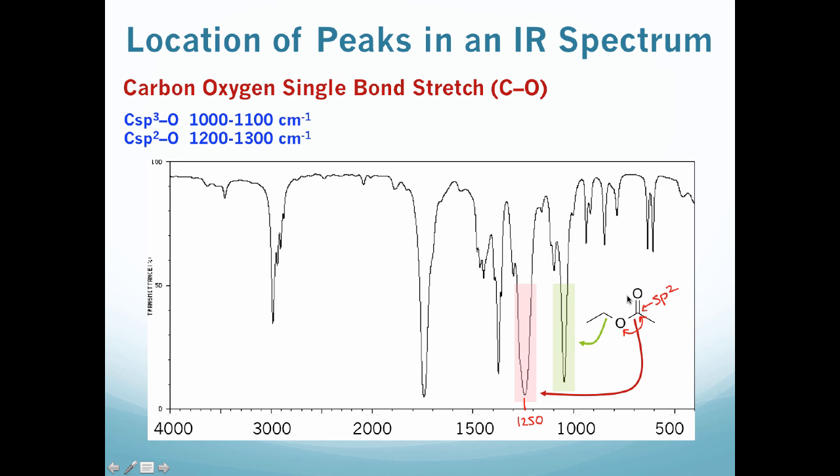But we also have the sp3 hybridized carbon, and that carbon and an oxygen will also have a stretch, but that is right around 1050. So very diagnostic for esters. And just to look at something we already talked about, of course an ester has this carbonyl. Here's our carbonyl stretch.